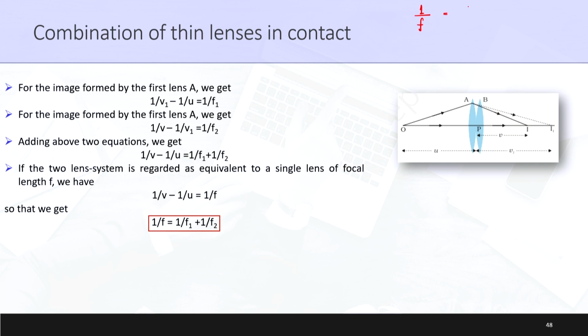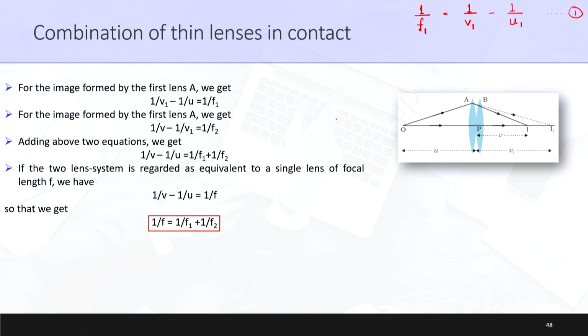Lens equation is 1 by f equals 1 by v minus 1 by u. So first of all, when we are doing it for the first lens, the focal length will be f1, the image distance will be v1 here, and u1 will be the object distance, quite evident. So this is the first equation which we have.